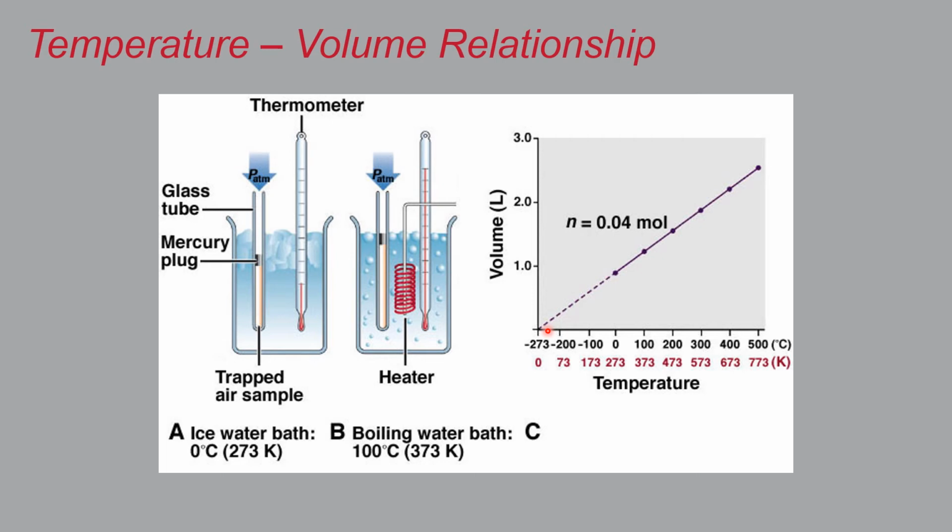The definition is a little different in modern times, but the idea is the same. And that corresponds to negative 273.15 degrees Celsius. So in the absolute temperature scale, kelvins, this is 0. And it's important that in any gas calculation that you're going to be working with, the temperature absolutely must be in kelvins. So remember that.